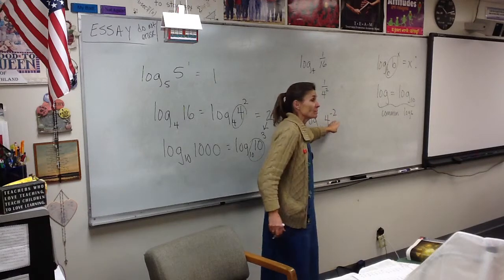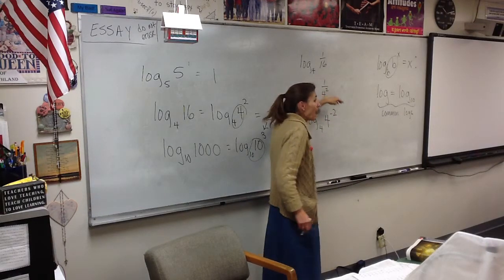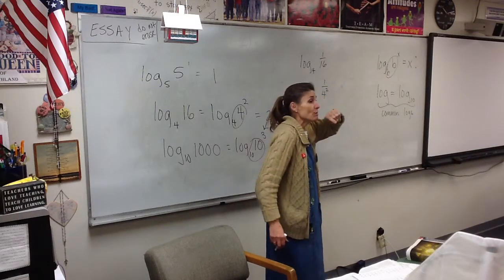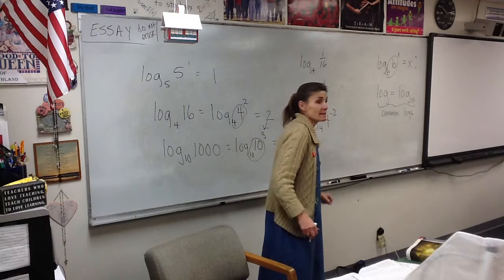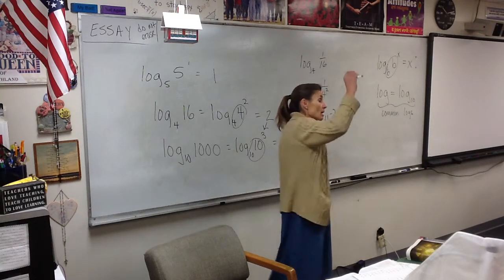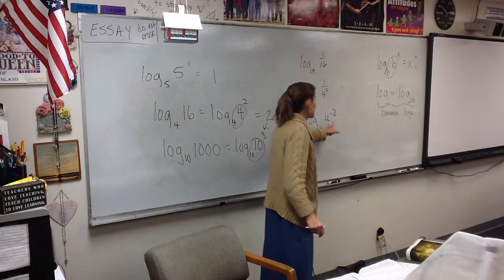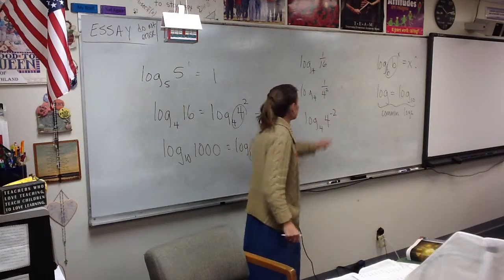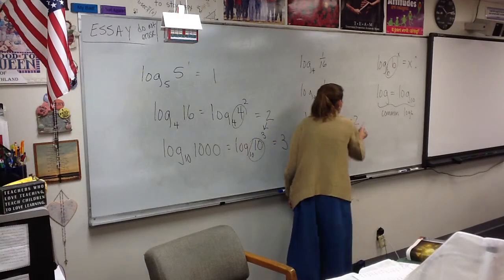Before, we started with the negative exponent and got the fraction. Now, I'm asking you to remember that 1 over always means a negative exponent. I'll say it again. 1 over always means a negative exponent. So 4 to the negative second is 1 over 16. What's the answer to this question? Negative 2.